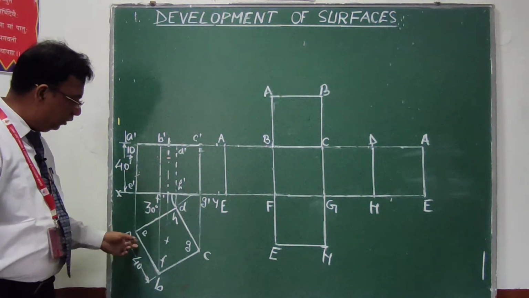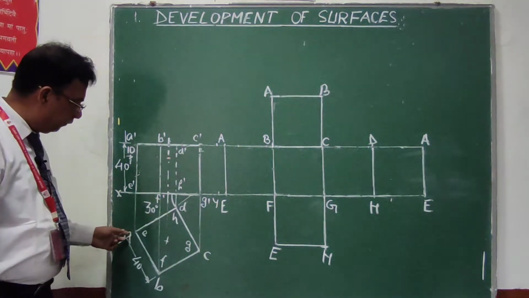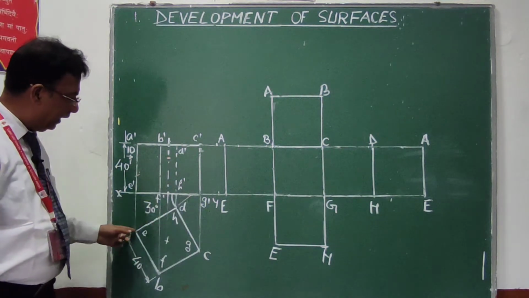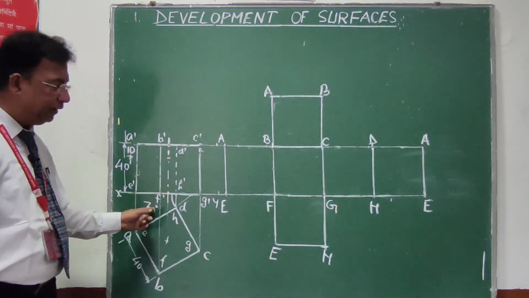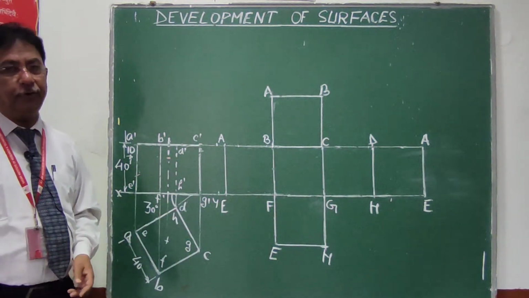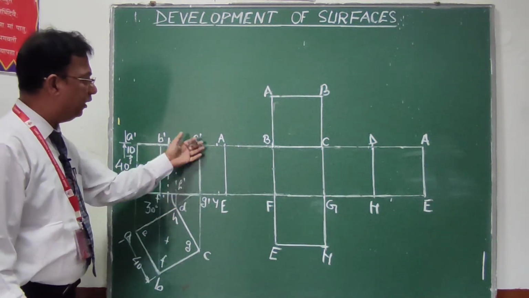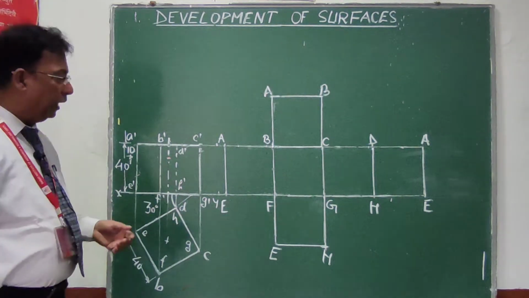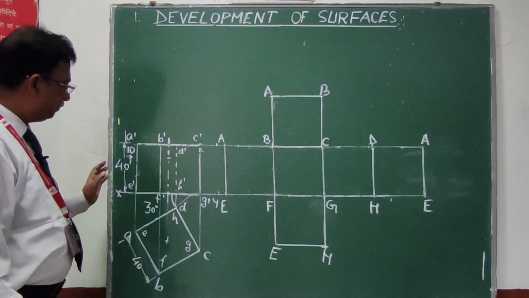To draw it, I initially started with the top view and drew this line AD inclined 30° to the XY. With its help I completed the top view of the cube, and then drew the front view, and this is the front view of the cube.